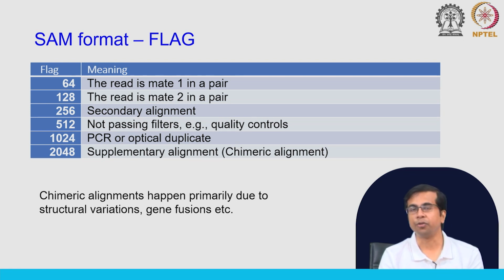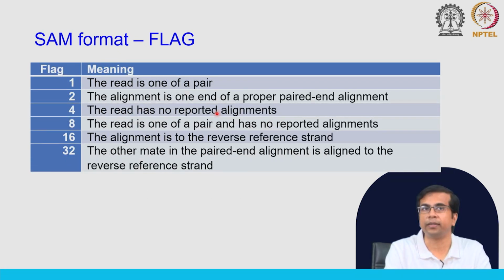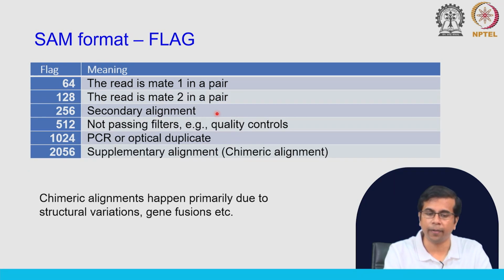The sum should be unique, so that you can figure out which flags were applied on a read. These numbers are not consecutive. Why is that? Because when you take the sum for each of these unique combinations, you get a unique sum value. That is why these are followed in this way.